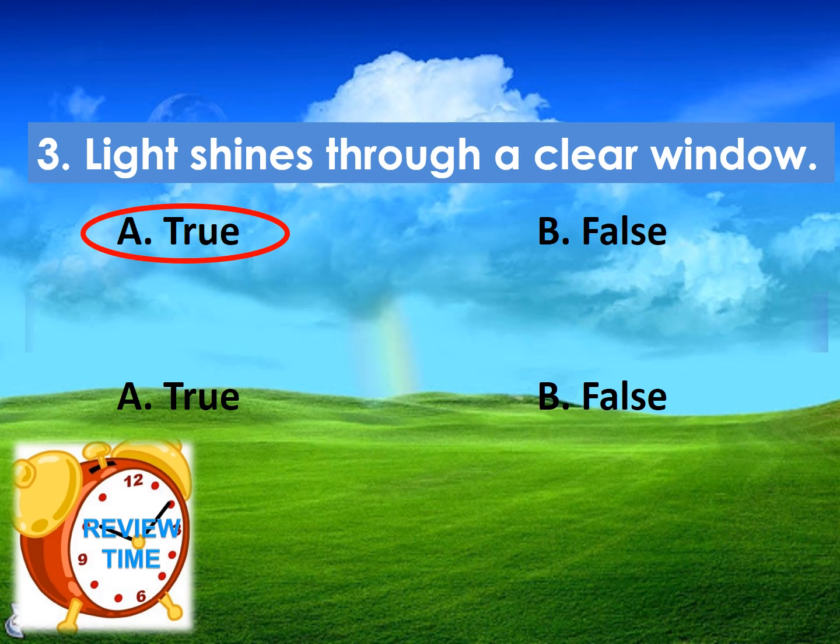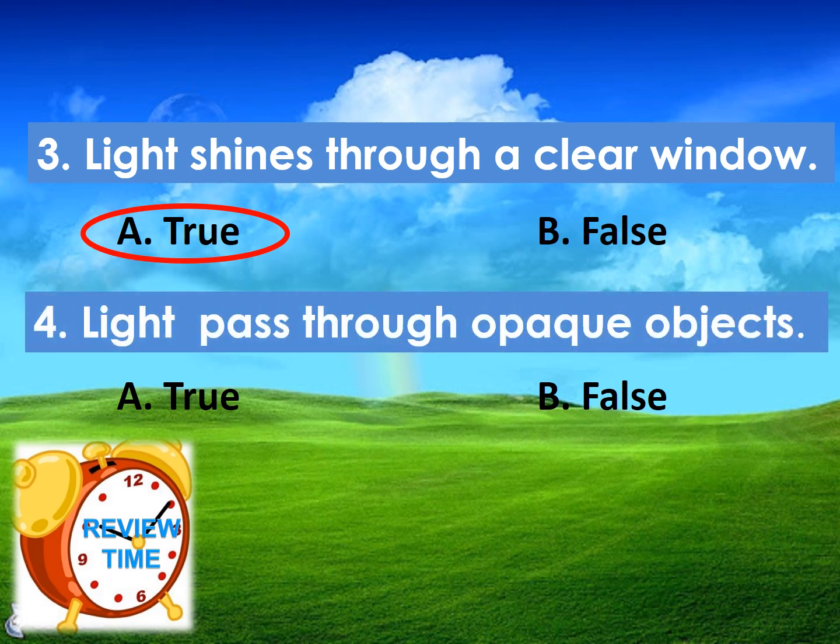Number 4. Light passes through opaque objects. Is this A, true, or B, false? If your answer is A, then you are not correct, because light passing through opaque objects is not true.